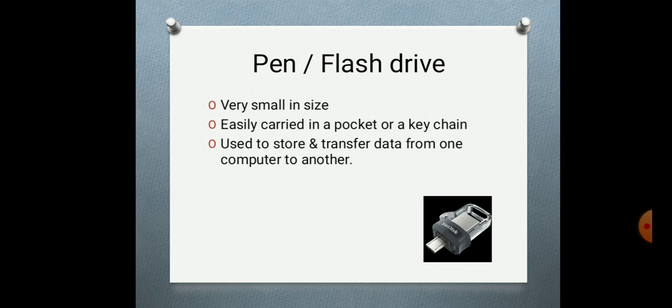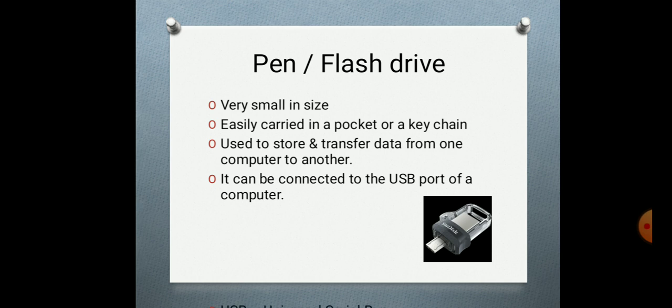So what are the main uses of a pen drive? One is you can store the data, and the other is you can transfer the data from one computer to another computer. It is connected by the USB port of the computer, that is, universal serial bus.